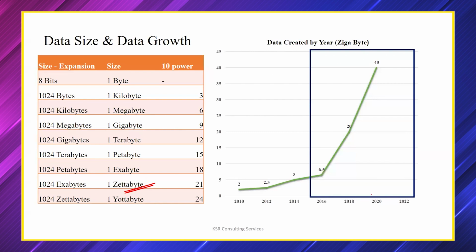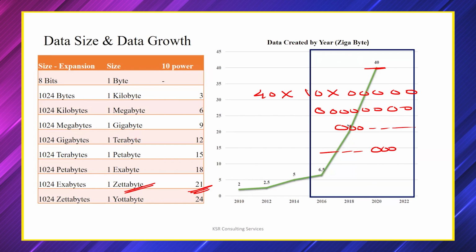As of 2020, the data getting generated is 40 zettabytes. That is 40 followed by 21 zeros. The data that is getting generated from the companies is 40 zettabytes by 2020.